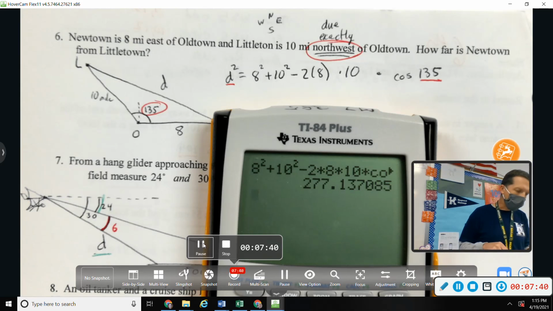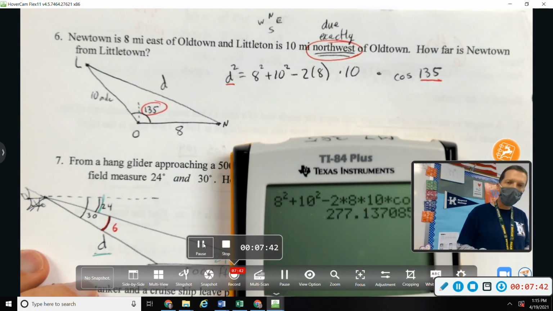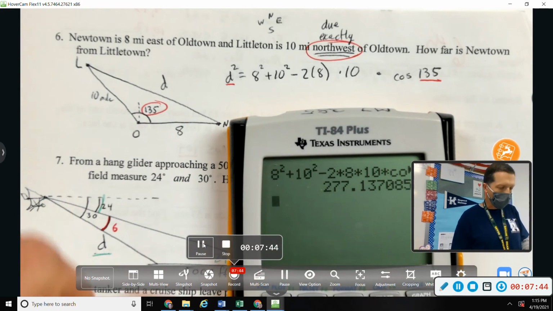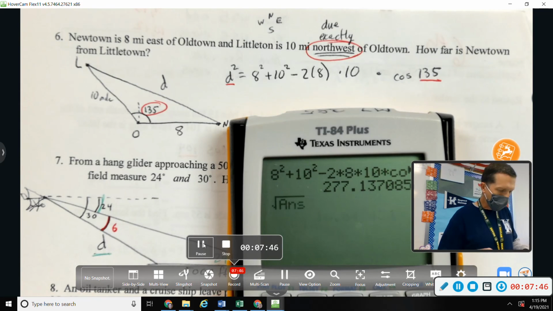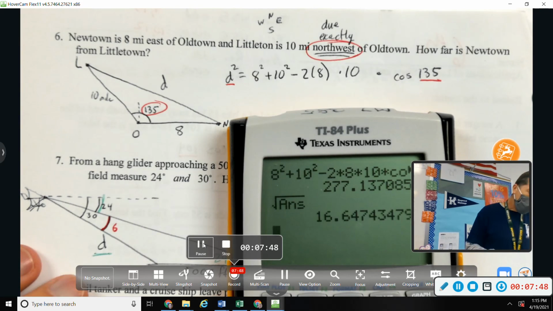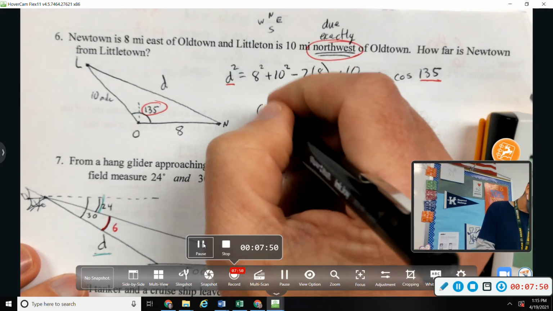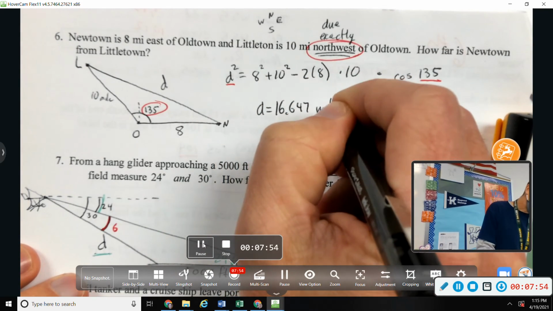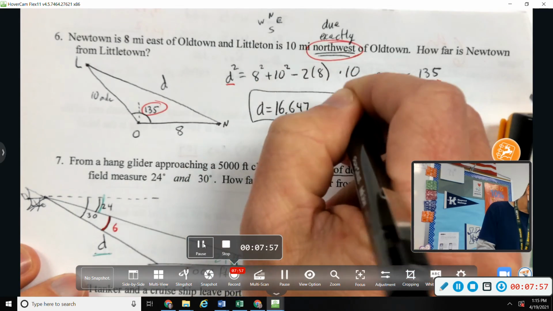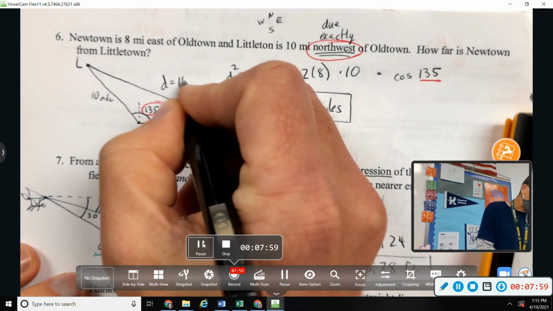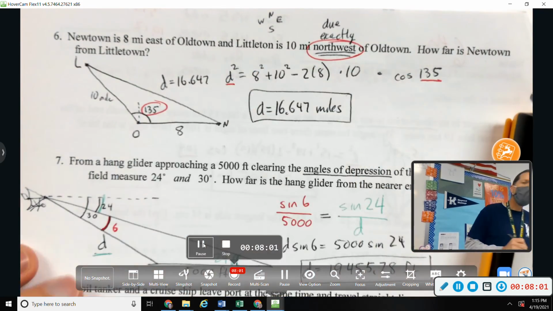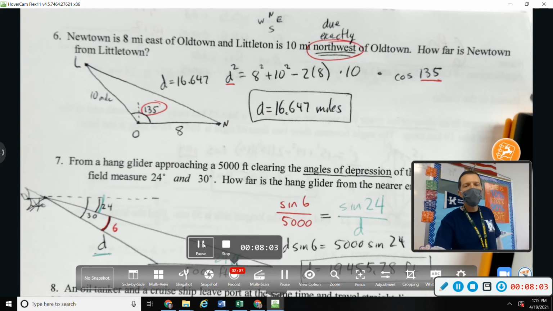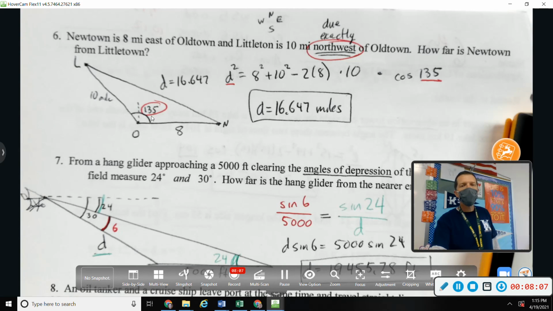And don't forget to square root your answer, because otherwise 810.277 doesn't seem quite right. 16.647 miles. And that looks about right for the picture. But again, the tricky part was that 135 being due northwest.